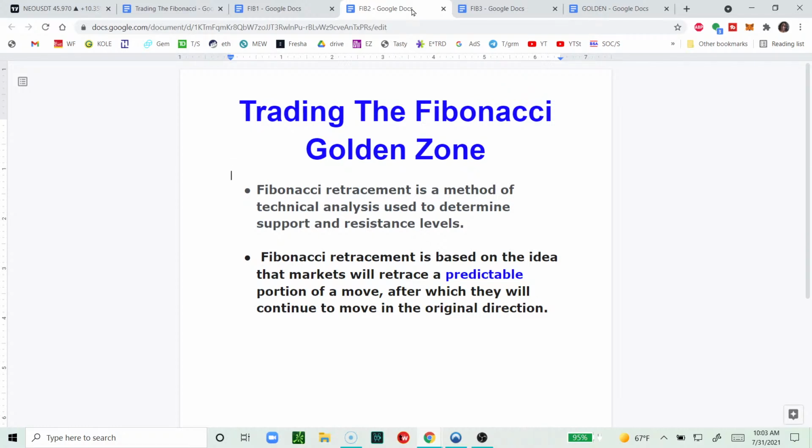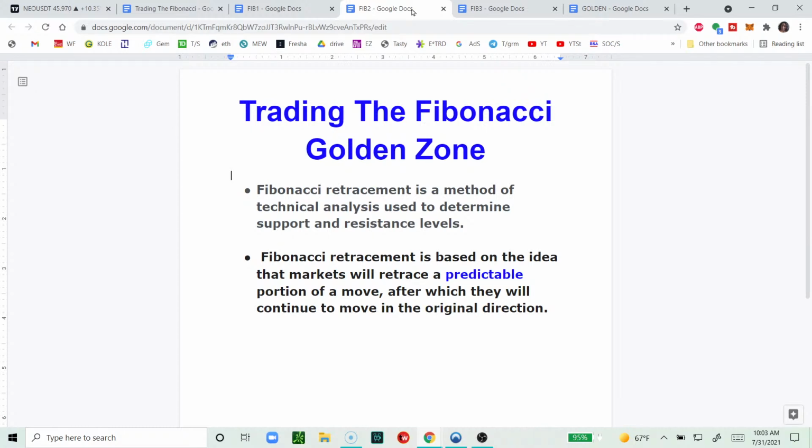And the Fibonacci retracement tool tries to predict how much that pullback would be. It predicts a portion of that pullback.